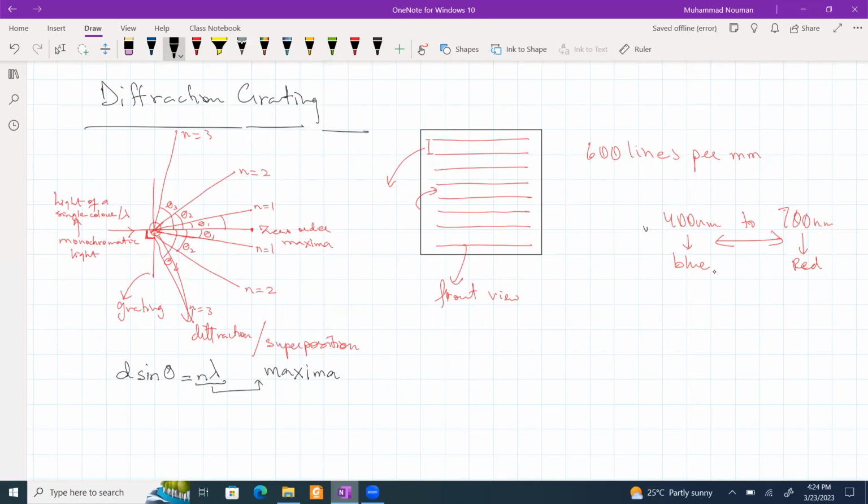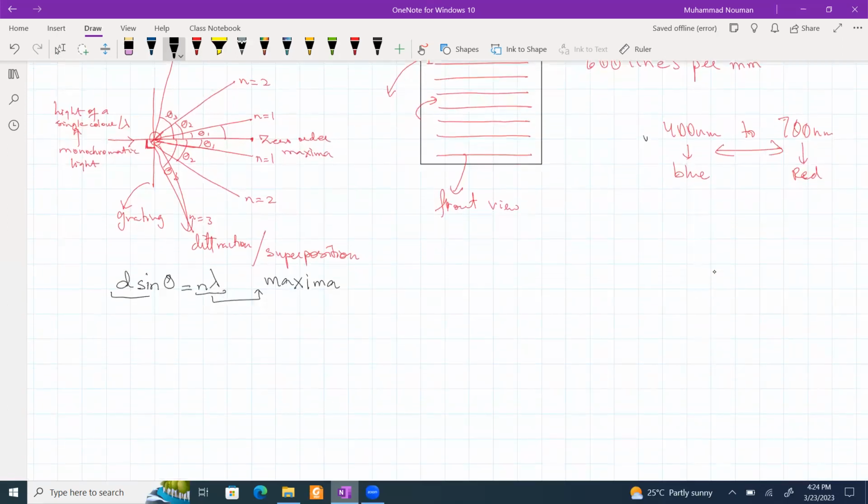We are only working on bright lines, and a bright line is a maximum. If you remember, this is actually our path difference between the two rays, and path difference equal to n lambda is the condition of maxima. So d sine theta equals n lambda is the formula we will be using for the calculation of diffraction grating.